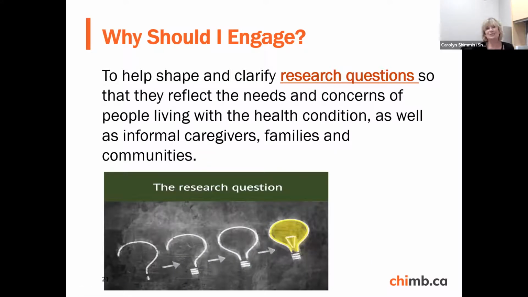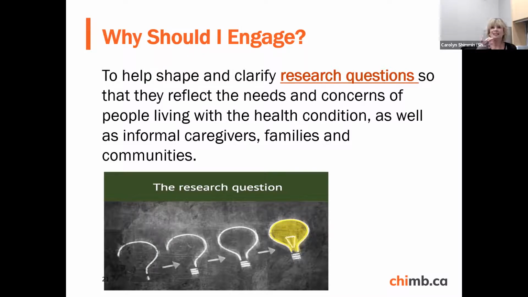We also engage people with lived and living experience to help shape and clarify research questions so that they actually reflect the needs and concerns of patients and informal caregivers and communities. So in a mental health study, people with lived experience helped craft the study name and materials to reduce the potential for stigma and to reframe the entire research question, the goal of the study, as a movement towards emotional well-being rather than away from mental health challenges.